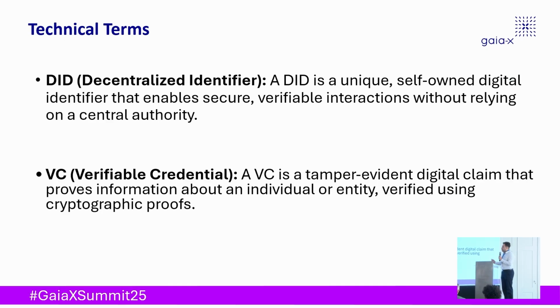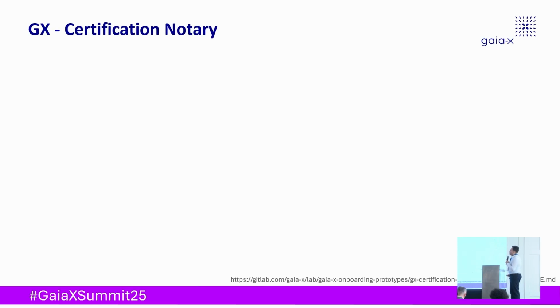And also the term VC, the short appellation for verifiable credential. So a VC is a tamper-evident digital claim that proves information about an individual or an entity, verified using cryptographic proof, the private and the public keys, also the certification.